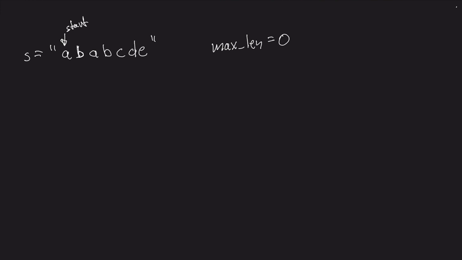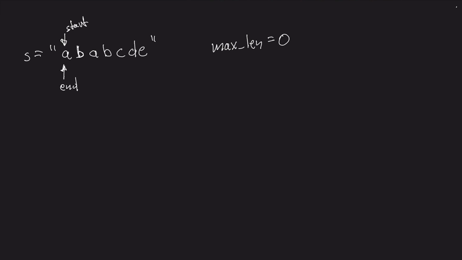So this translates to a simple for loop that starts from the index 0 and goes up to the length of the string. And now to generate all the substrings for a given start position, we will have a second index. Let's call it end. And those 2 indexes define a current substring.